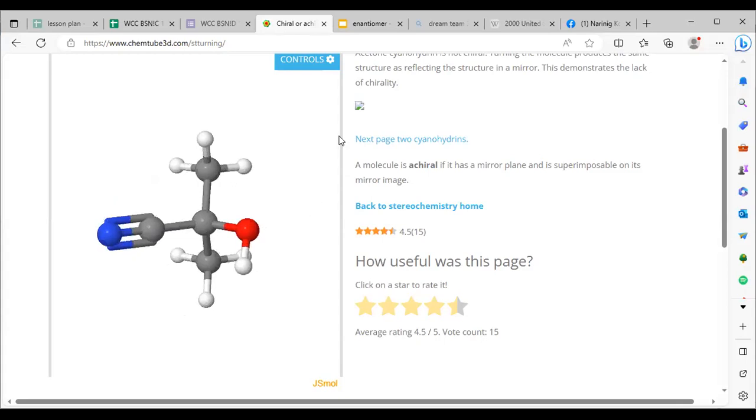So if I draw this, the lines would represent above and below. So this will be CH3 groups.